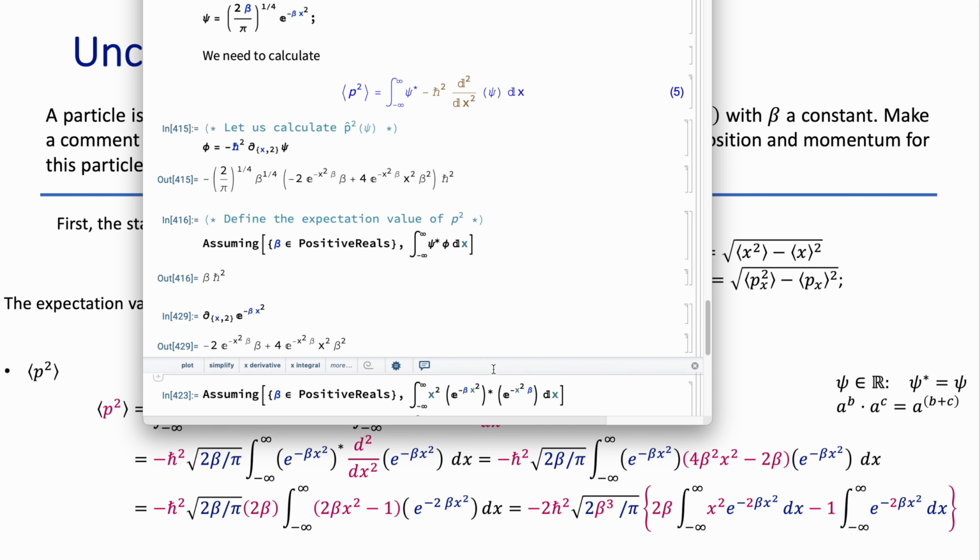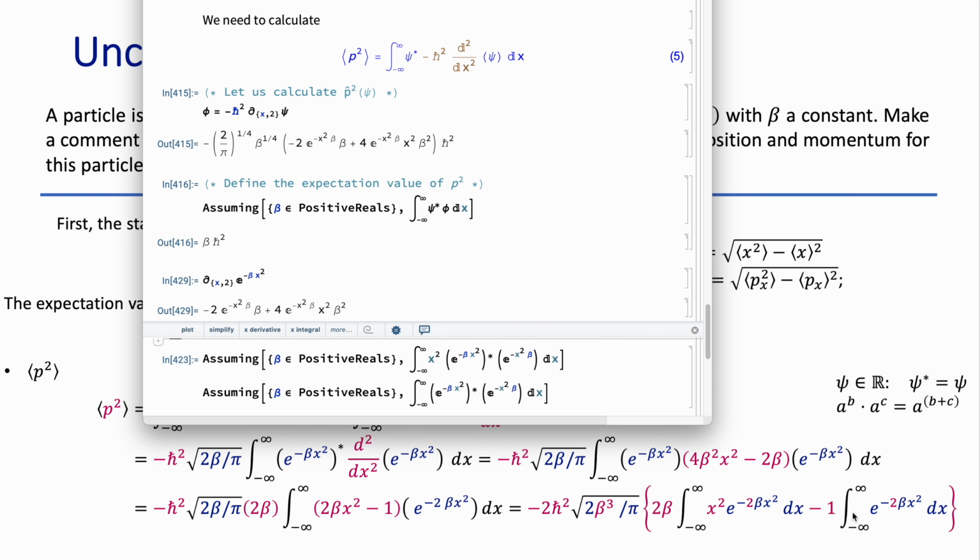And then again, just to be consistent, the integrals that I ended up having to solve are this integral, the integral from minus infinity to infinity of x squared times e to the minus 2 beta x squared, which is the product of these two multiplied together. And on the other hand, I'm going to have the integral from minus infinity to infinity of these two multiplied together, which gives me this.